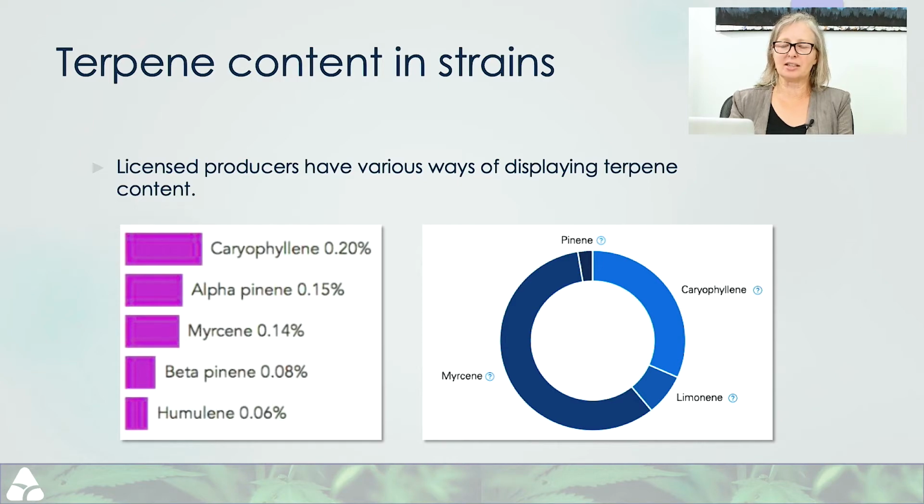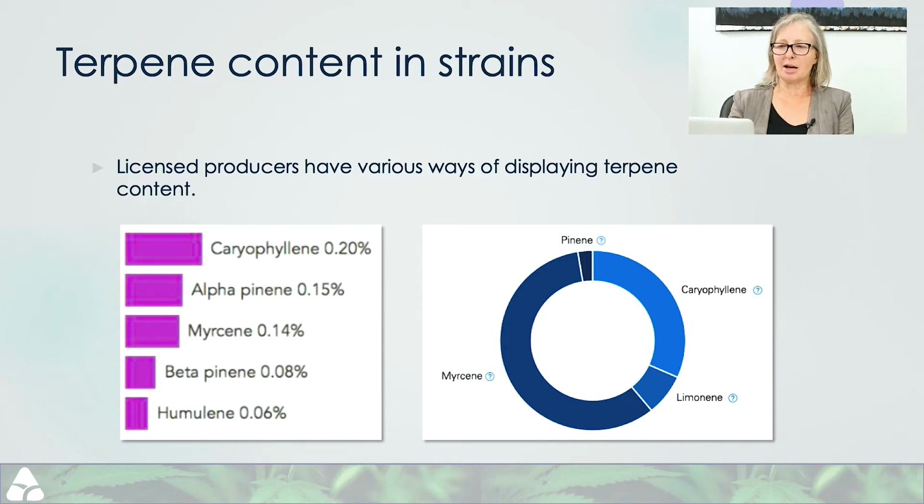And you can see on this, there's just two examples here of how the terpene content is shown. The one that's the circle there, what we have with that is it doesn't actually tell you how much of each terpene is in that product or the percentage of the terpene, but what it does do is it compares them.